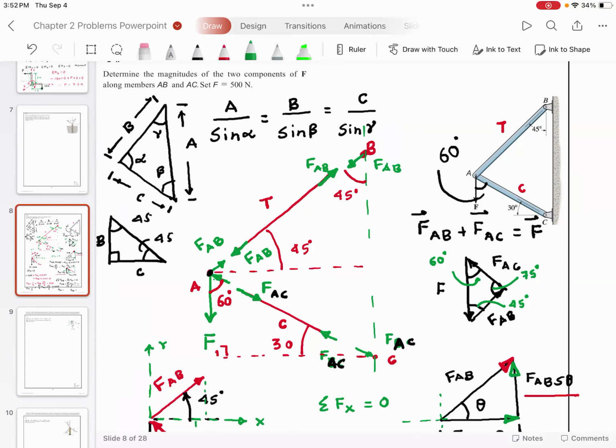Once again, this angle is 30 degrees. You agree with me? It means the top angle is 60 degrees. If that angle is 60 degrees, this angle is 60 degrees. If the top angle, angle B, is 45 degrees, AB is coming like this, so that angle is 45 degrees. So this angle has to be 45 degrees.